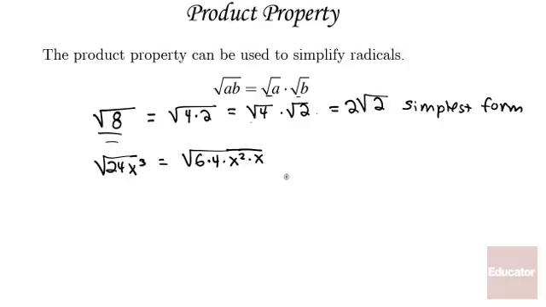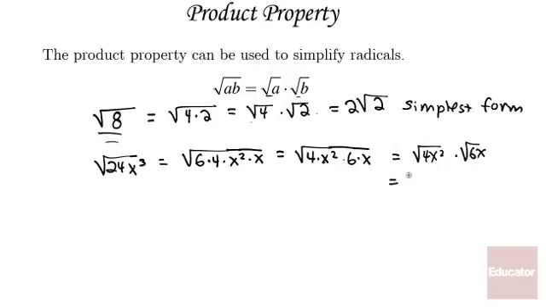So now I have all this factored out, but I need to split off the perfect squares. So I'm going to rewrite this using the product property, and I'm going to rearrange slightly. Before I even write this out, I'm going to cluster my perfect squares. So 4 is a perfect square, and x squared is a perfect square. That leaves me with a 6 and an x. Now I use the product property to get the square root of 4x squared times the square root of 6x.